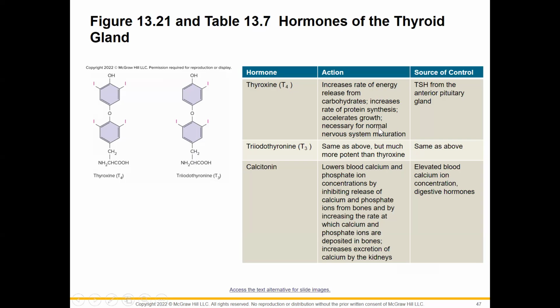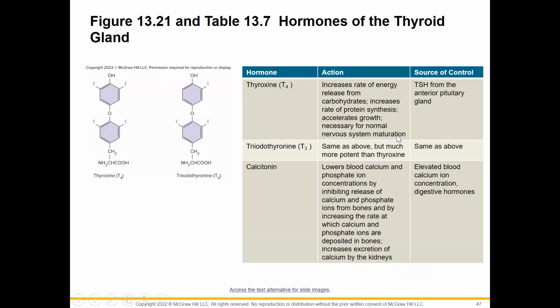In order for your nervous system to mature properly, you must have T4. So let's think about that. If a baby is born and their thyroid is not functioning properly, and the doctors don't catch it early enough, their nervous system will not mature properly.